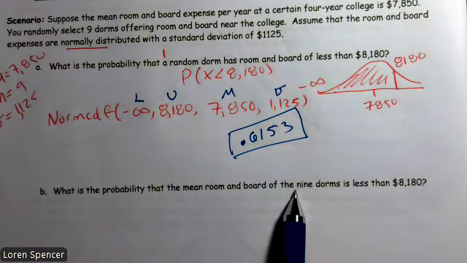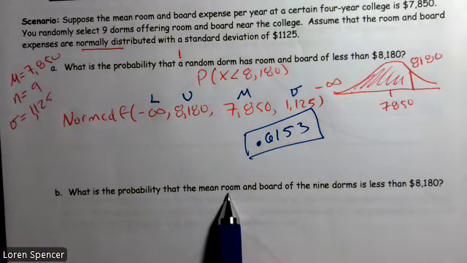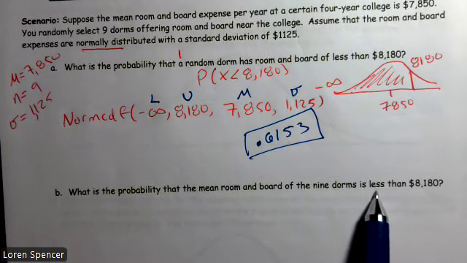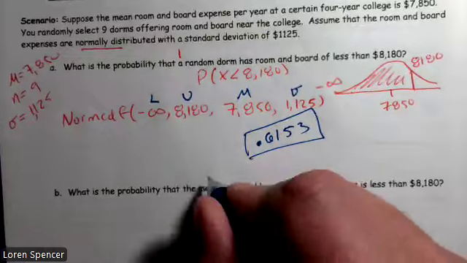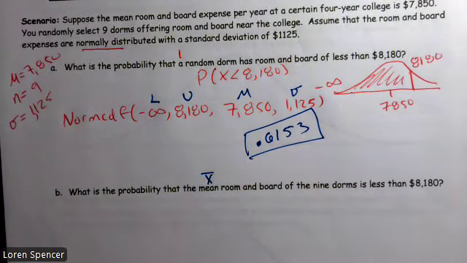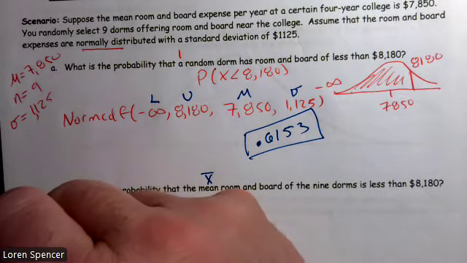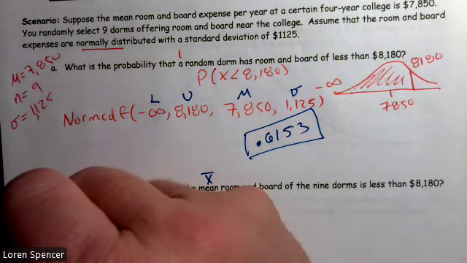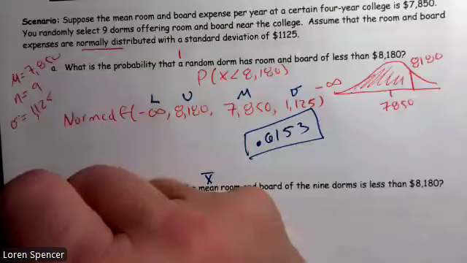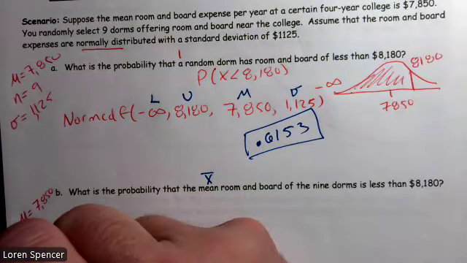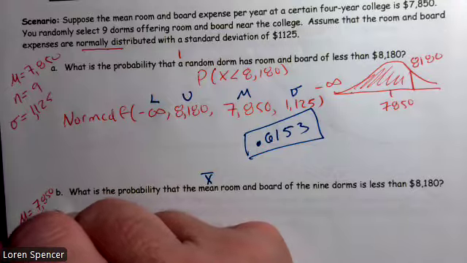All right. What is the probability that the mean room and board of 9 dorms is less than 8,180? All right, so they're asking for the X bar. That tells me I need to use the Z formula. We have our population mean is 7,850. Our standard deviation for our population is 1125.